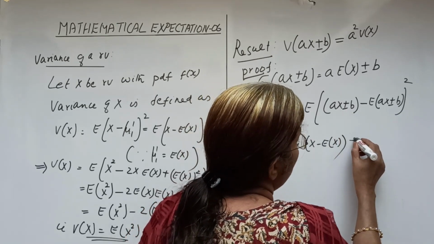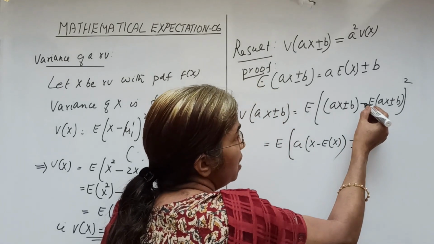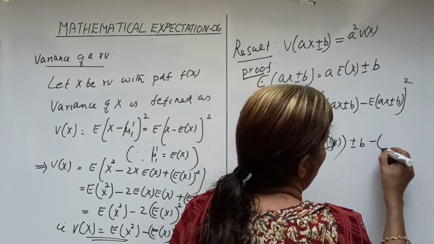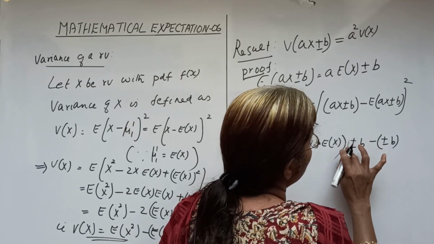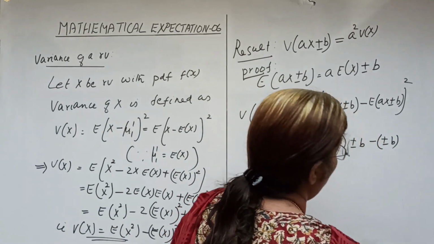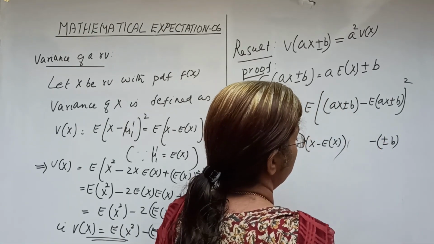Here we have plus or minus b, and here we have minus of plus or minus b.